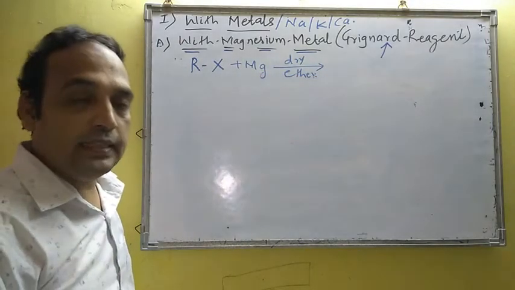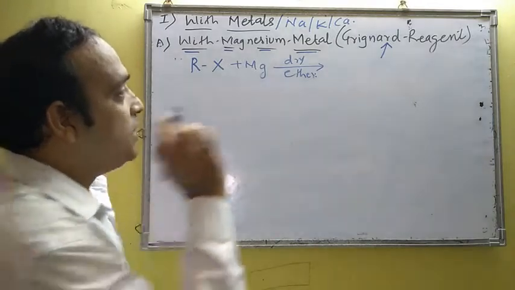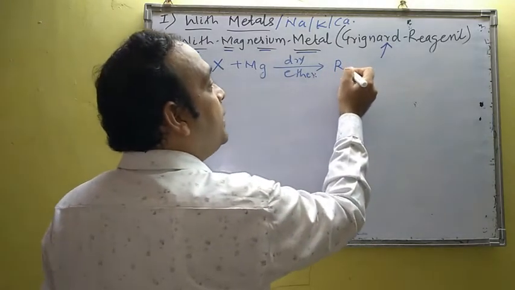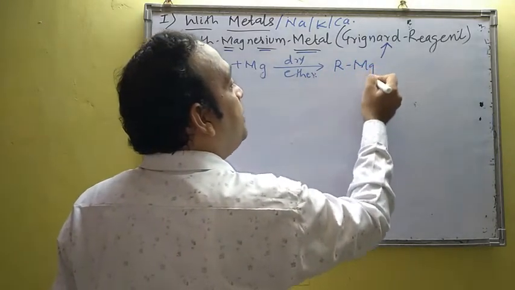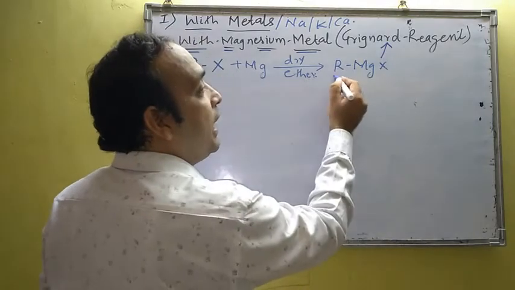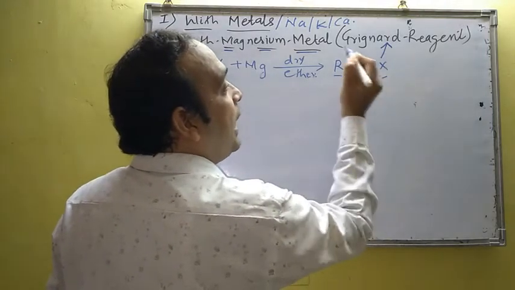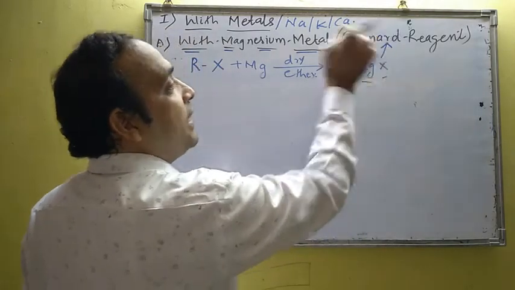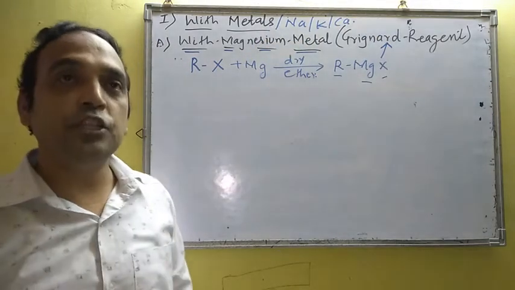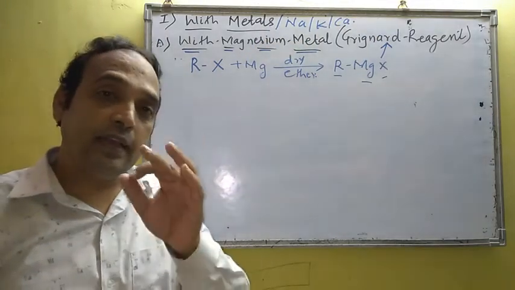What is the role of ether? Ether acts as a solvent. It will convert into RMgX, that is your alkyl magnesium halide, and this is called as Grignard reagent. Alkyl magnesium halide is called as Grignard reagent.